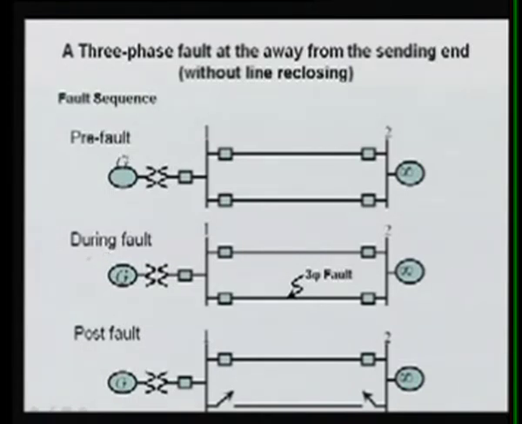Earlier the fault was at bus 1; now I am taking a three-phase fault at line 2, and this fault is cleared only after tripping of this line. This is the post-fault scenario, where the line is tripped and the fault is cleared.